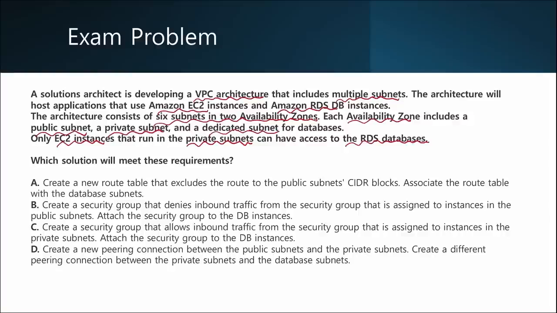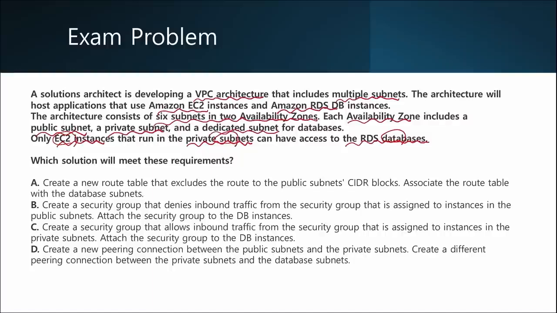First of all, EC2 is in a private subnet and needs to be connected to RDS, so we need to consider the firewall level to make this connection. We said that we can set up a firewall with security groups and NACL. The components that need to be connected are EC2 and RDS instances.